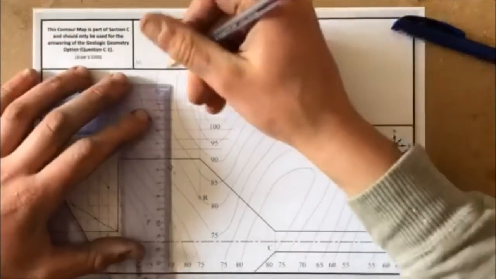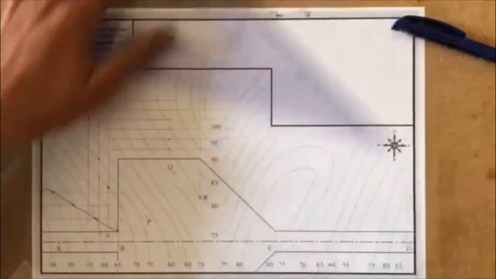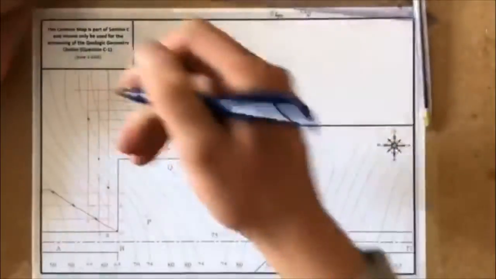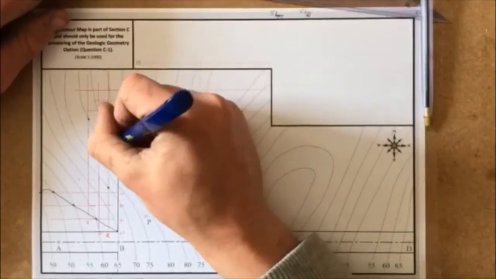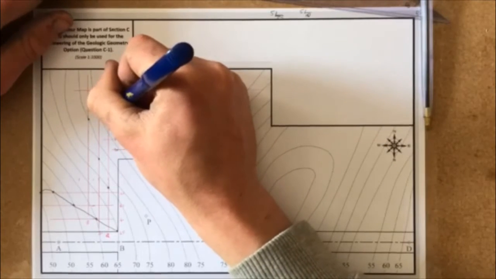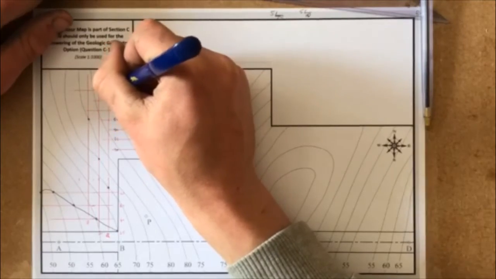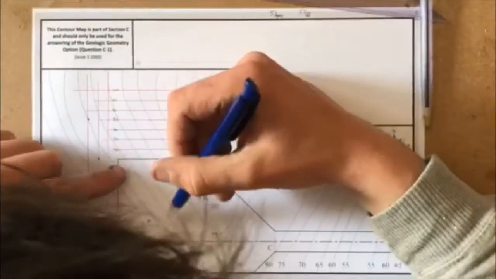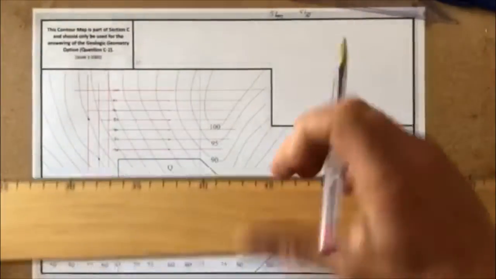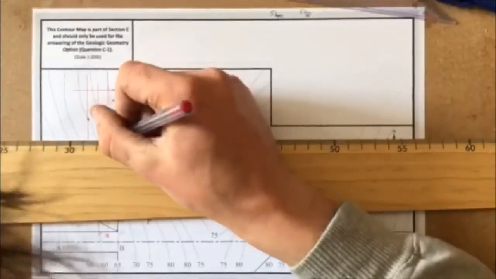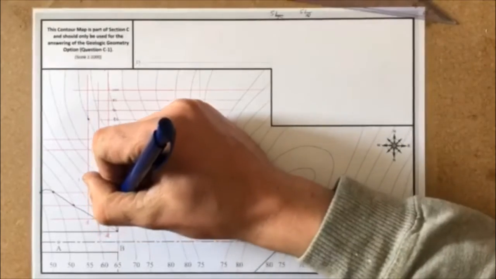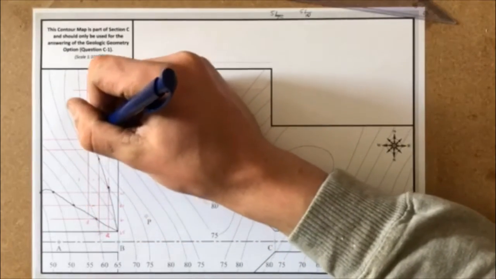Goes up to 100 here. Level these then. So 65, 70, 75, 80, 85, 90, 95, 100. So I need to continue these 70 lines out a bit further here to get where they cross. So I'll do this section here. It's going to continue out there, that's fine.